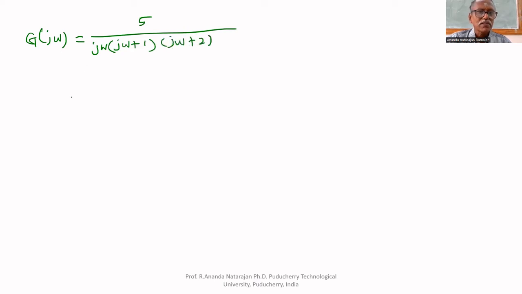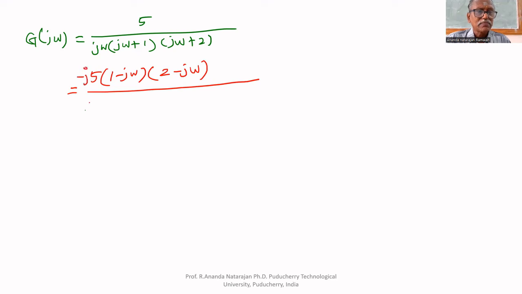So multiply the complex conjugate on both numerator and denominator. What will you get? 5, the complex conjugate of this is 1 minus j omega, and for this 2 minus j omega. If you multiply this, this j will come here as minus j.